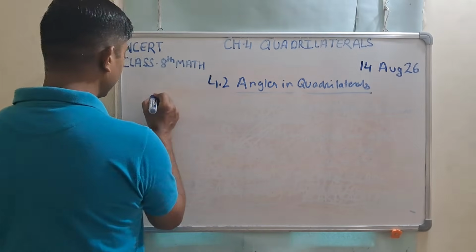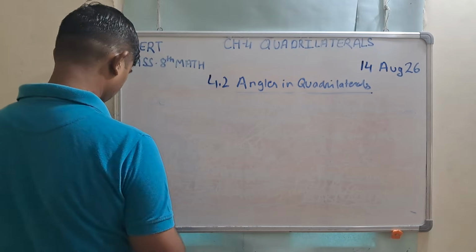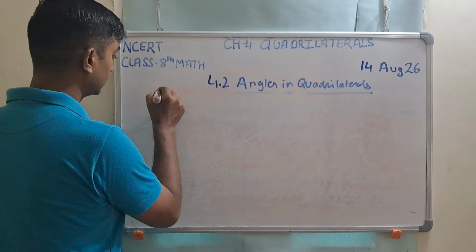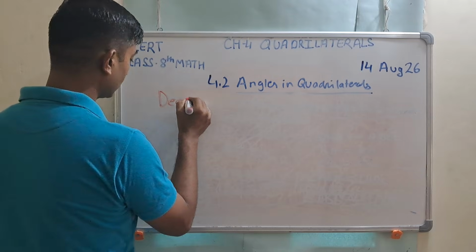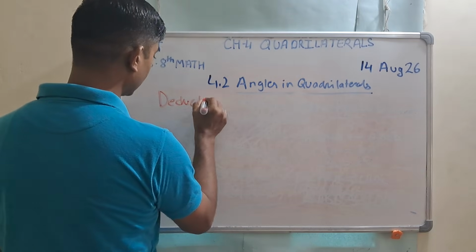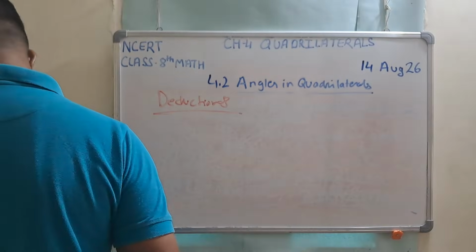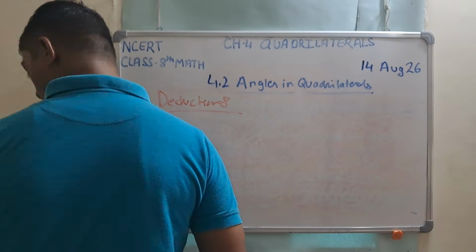So what is your deduction 8? What is the point of intersection of the two diagonals in the parallelogram?